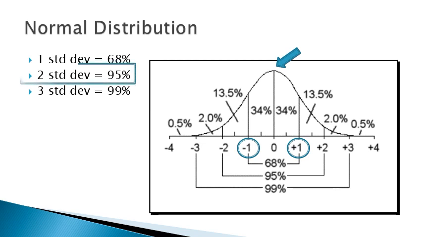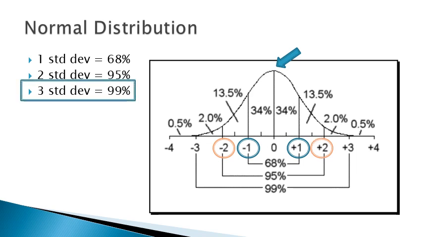I need you to also memorize that 2 standard deviations will account for 95% of the data in the data set. So 2 standard deviations from the mean would mean we've done worse than the average at -2, or better than the average at +2.